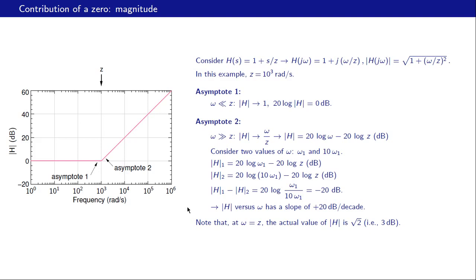So that is the actual value of H, and therefore the exact curve looks like that. This difference is 3 dB. So there is of course some error, but asymptotically we see that the Bode approximation works really well as we move away from the zero in either direction, either in that direction or in that direction.